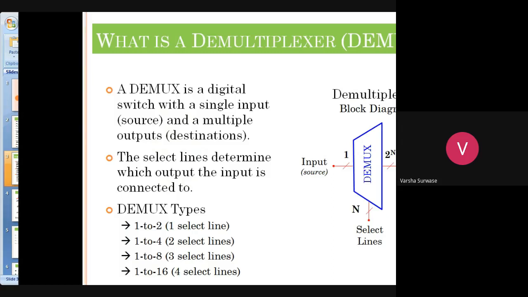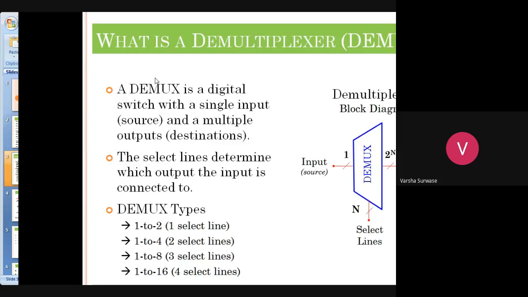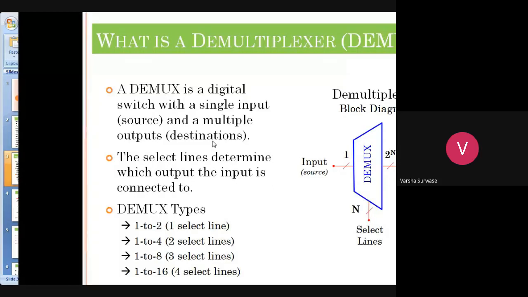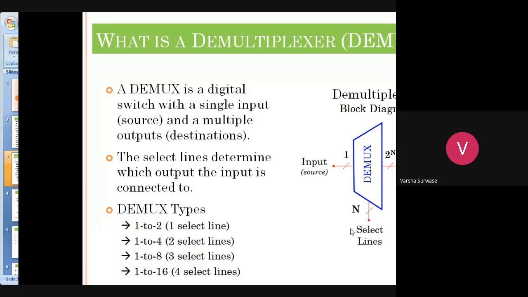Now see the demux. When we are using the demux, it is exactly opposite to that of the mux. So mux is a data selector, and demux is a data distributor. So what is a demux? A demux is a digital switch with a single input and multiple outputs. Whatever output you get depends on the select lines.